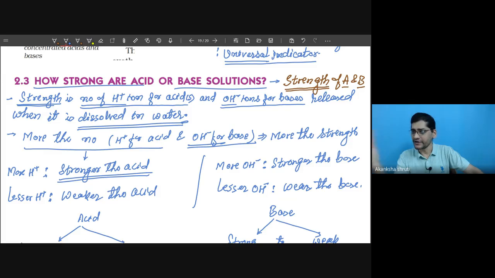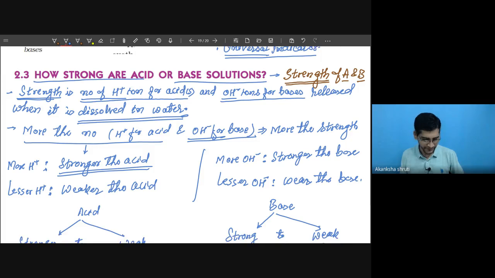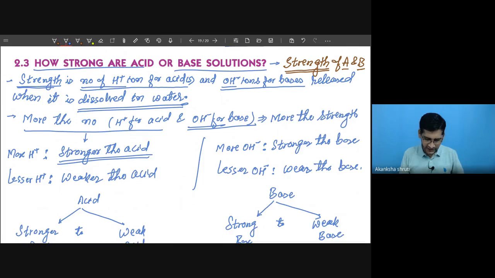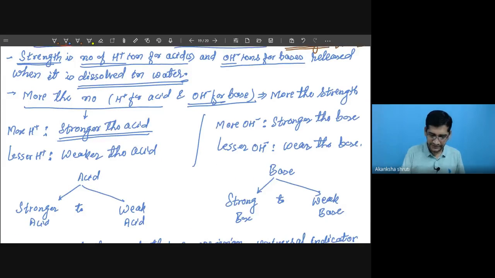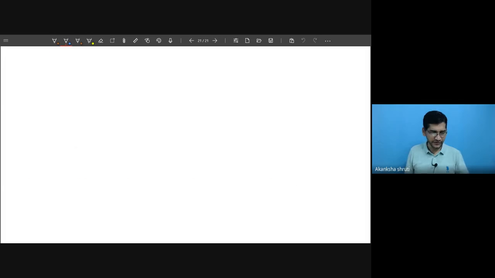So let me first define what is concentration, concentration of an acid, concentration of a base. Background and everything is written here, but I will rewrite it in the form of just a definition. Though in general form I have explained everything. So what do we mean by strength? Strength gives the concept of concentration. So let us go.